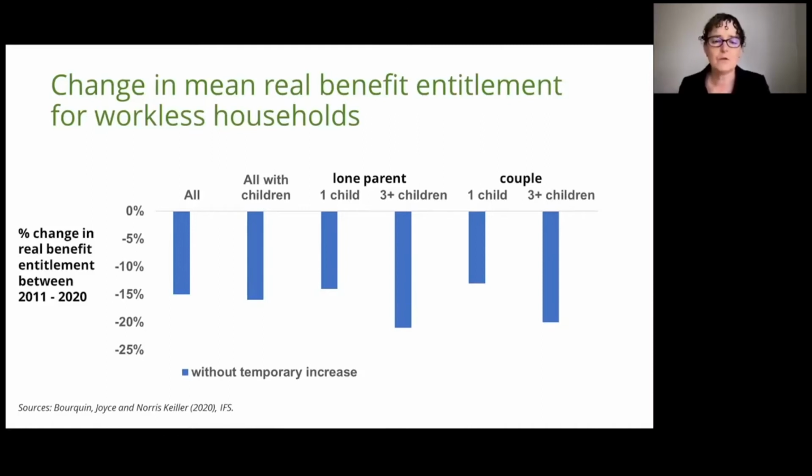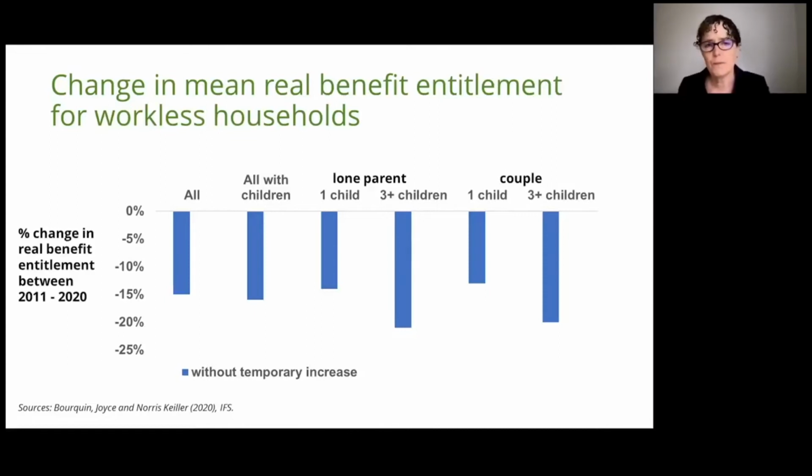And we see that across the board, there were pretty substantial reductions in the generosity of these benefits. Across all households, it was around a 15% reduction, and across households with children, this varied slightly, with households with more children experiencing bigger declines.